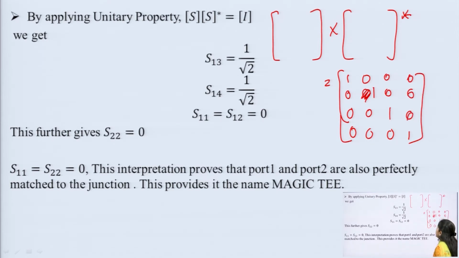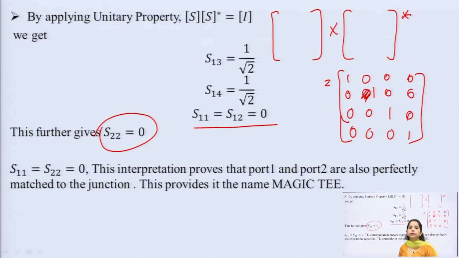This is the matrix we are getting. So, when these two are multiplied and we relate to this one, we are able to get S13 equal to 1 by under root 2, S14 equal to 1 by under root 2, S11 equal to S12 equal to 0, which further gives S22 equal to 0.